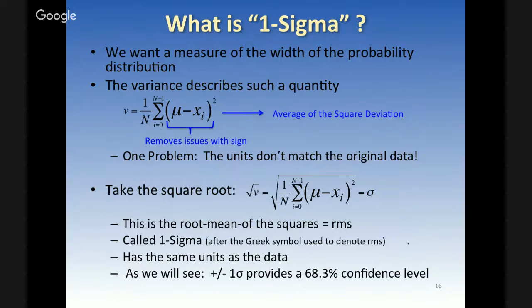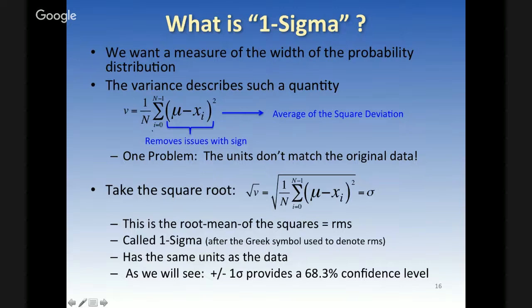And so one way we can describe uncertainty is with something we call the variance. And the variance is kind of intuitively obvious. And the way we do this is we say, let's take the mean and subtract any value we get from the mean. And we don't want sign to be a problem here, so we're just going to square it because we know squaring things makes everything positive.